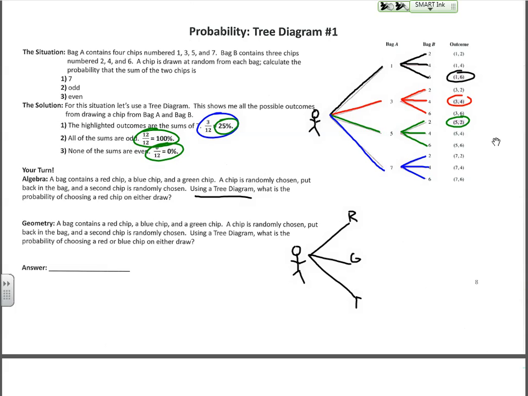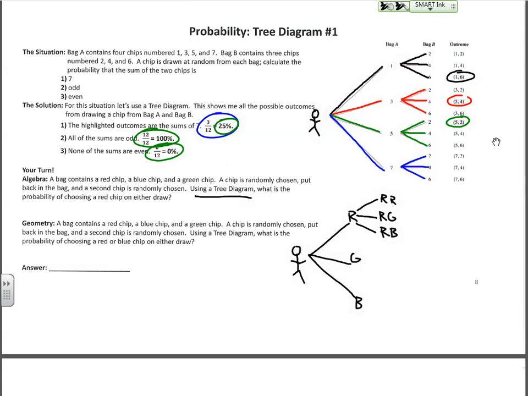Right? Okay. Then we put that chip back. When we reach in the bag a second time, we can pick a red one for the outcome of red and red, a green one for the outcome of red and green, or a blue one for the outcome of red and blue.